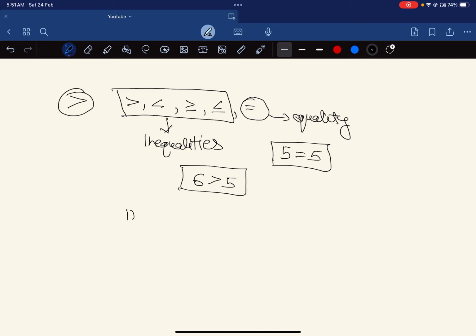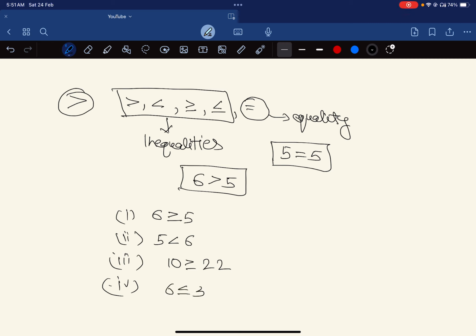6 greater than or equal to 5. 5 less than 6. 10 greater than or equal to 22. 6 less than or equal to 3.